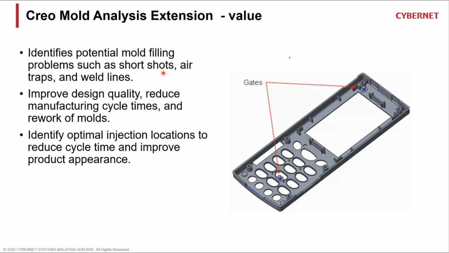And we are able to optimize the injection location. Like I said, it can suggest where to put the gate, and also give some suggestions like how to increase the diameter or adjust the speed of flow. So finally, we can improve our product appearance.